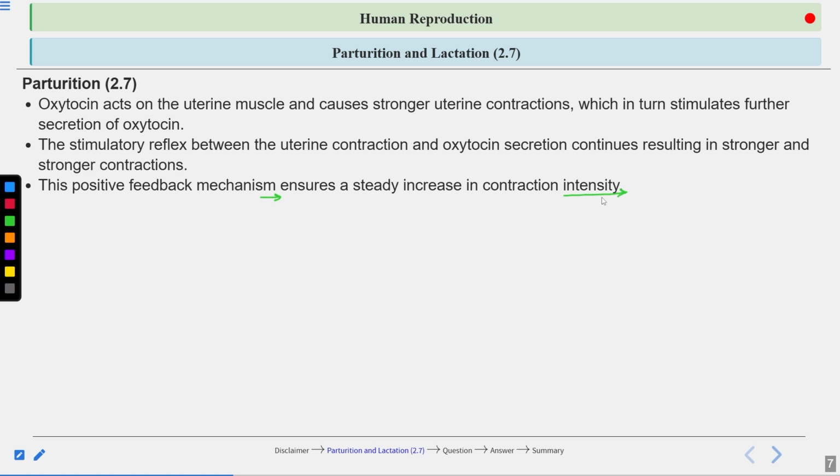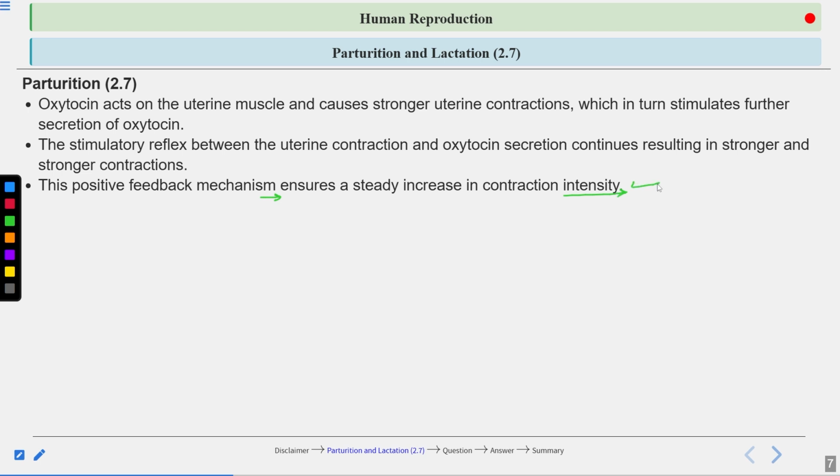So more contractions, more oxytocin is released. This is a positive feedback mechanism, when one factor is leading to the increase in the other factor. When one factor decreases the other factor, that is a negative feedback mechanism. Here this is a positive feedback mechanism, and it ensures a steady increase in the contraction intensity.